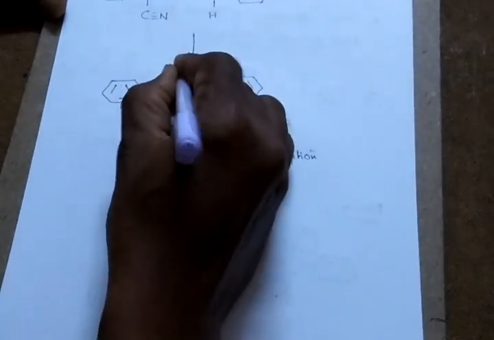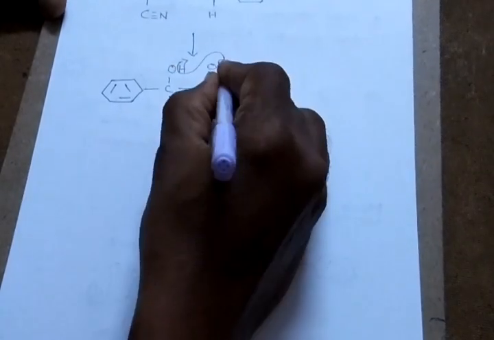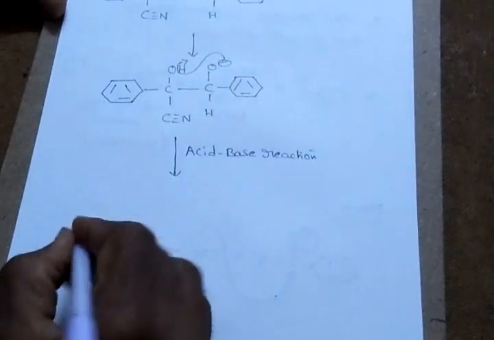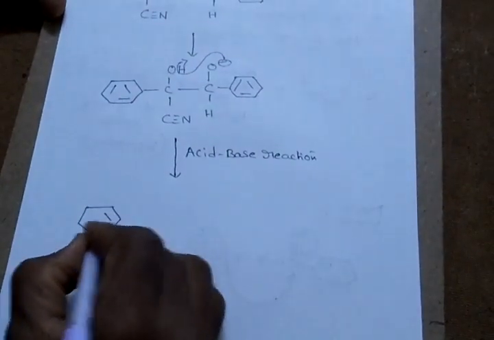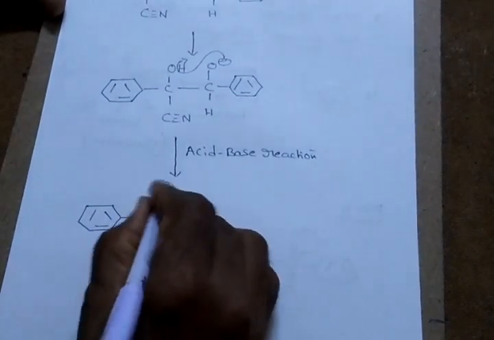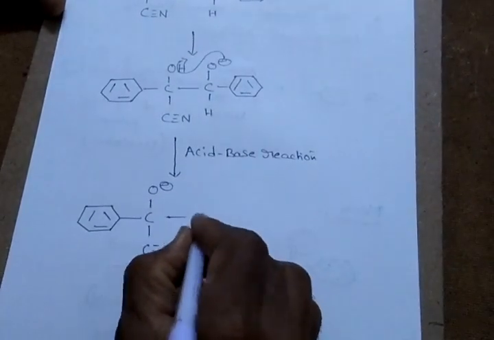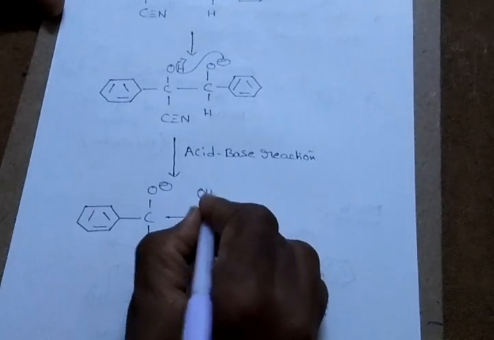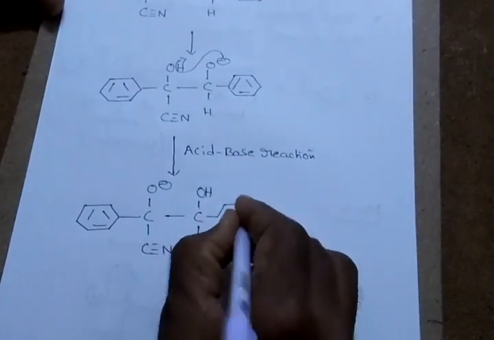That means this H plus is grabbed by this oxygen with negative charge, so that here comes the negative charge and this becomes the OH. Then what happens, this is C, O minus, C triple bond N, this is C, OH, and this is the H. This is the benzene ring system.